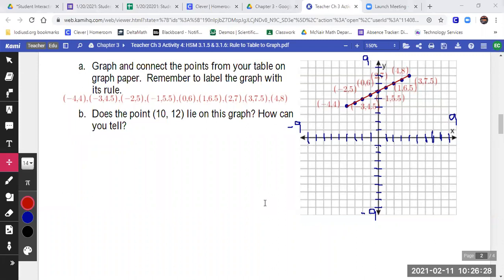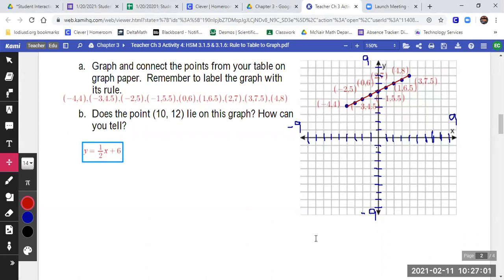What's the original equation we were working with? Y equals what? What was the equation? 1/2 x plus 6. Okay.